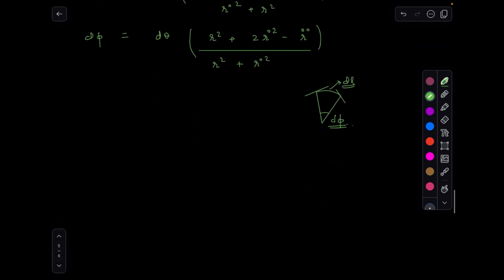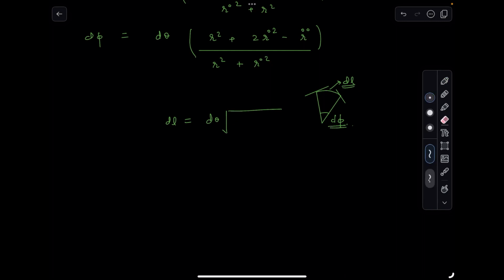So dl is nothing but d theta into under root of r square plus dr by d theta whole square, and we had mentioned that dr by d theta is nothing but r dot, so it will become r square plus r dot square.